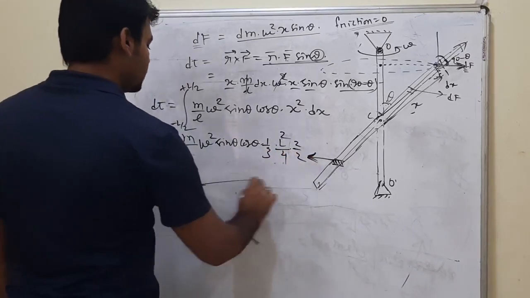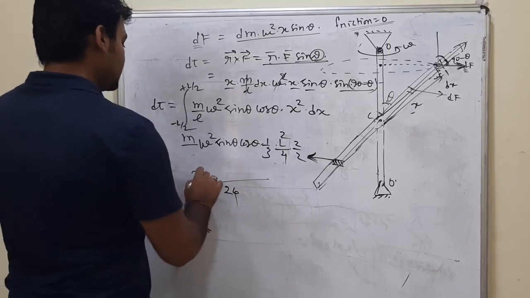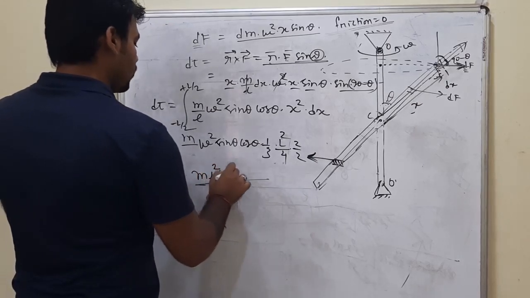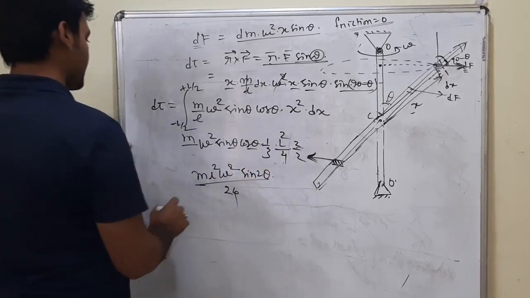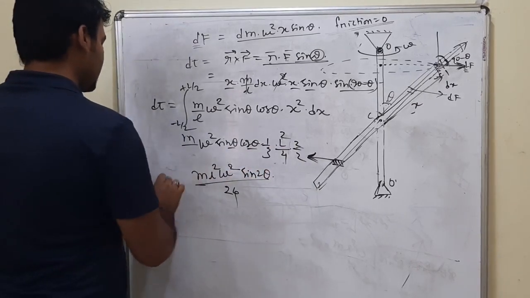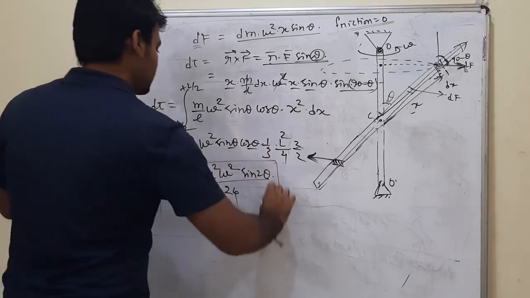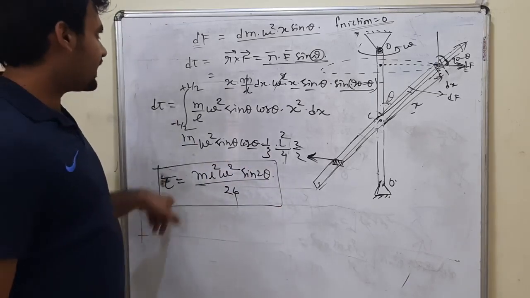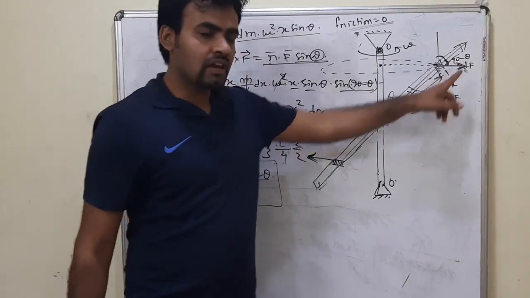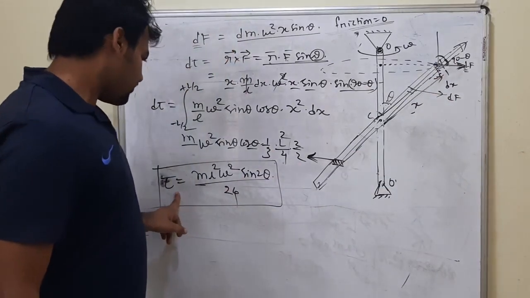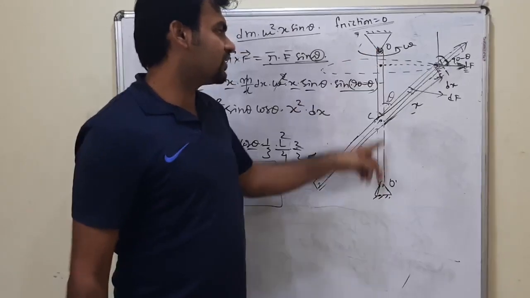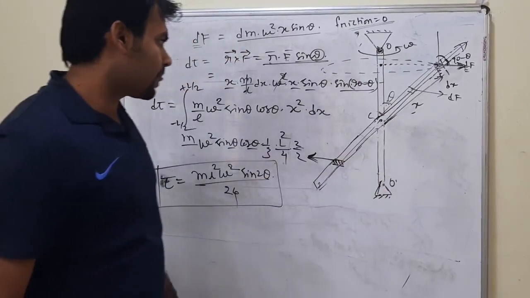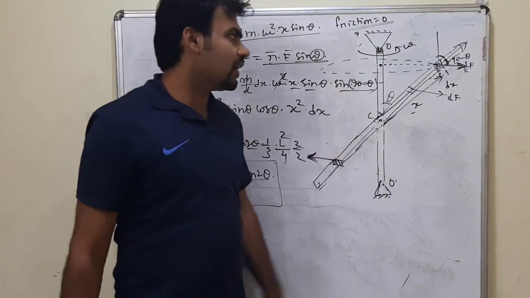Here it will be 24, and in the numerator it is m l square omega square, 2 sin theta cos theta can be written as sin 2 theta. Okay, so this is the value of the net torque. This torque I have calculated for the centrifugal force, but it is also the torque of the external forces acting on these hinges or axle, but both have opposite directions.